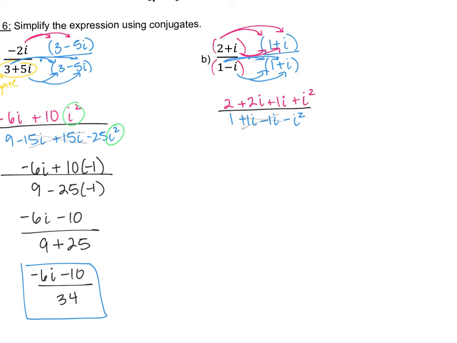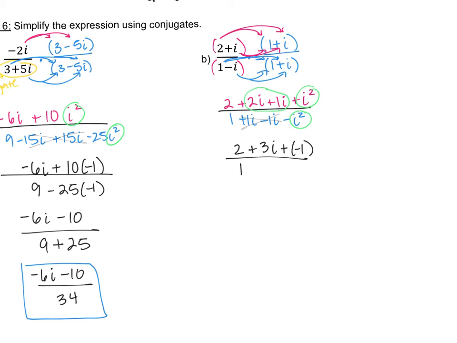We also notice that on the top we can combine these two since they're both i's, and we can change the i squared to a negative 1. So the top really is 2i plus 1i gives me 3i, and then the i squared changes into a negative 1.